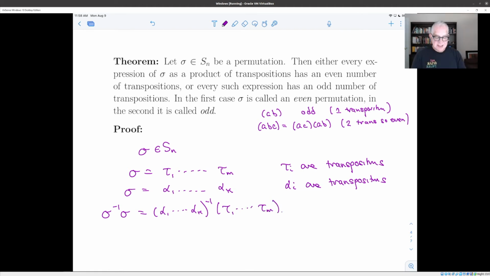But here's a nice little trick. Remember that, first of all, if you take (alpha 1 up to alpha k) inverse, when you take the inverse of a product, you get the inverse of the elements, but in the opposite order. That's the first thing. And the second thing is that the inverse of a transposition is itself, right?